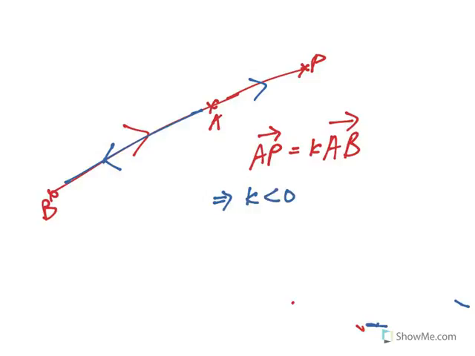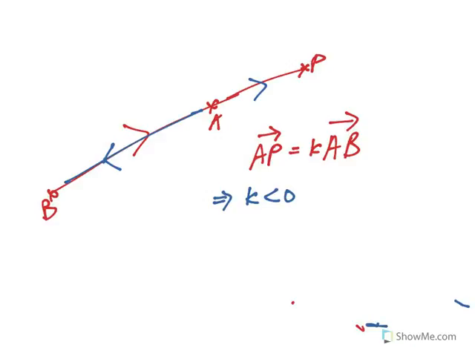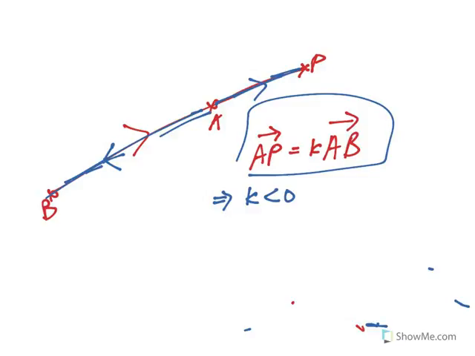Most likely AP is a negative scalar multiple of AB. You have two values of lambda. Do you think you take both? You really need to observe the direction of the vectors. K over here is negative, because AP is facing one direction and AB is facing the other direction. If they are facing different directions, their scalar multiple is negative. So K is less than 0.